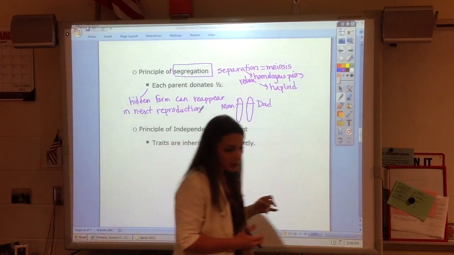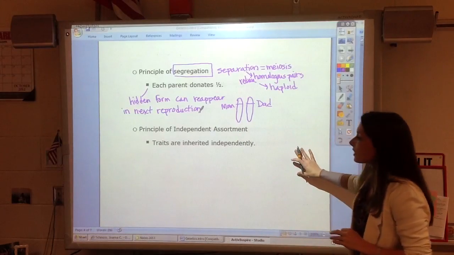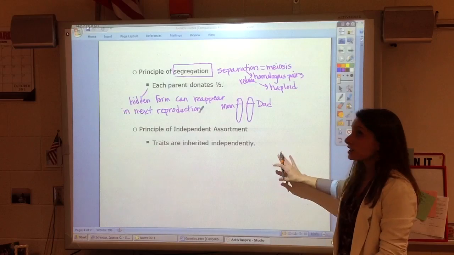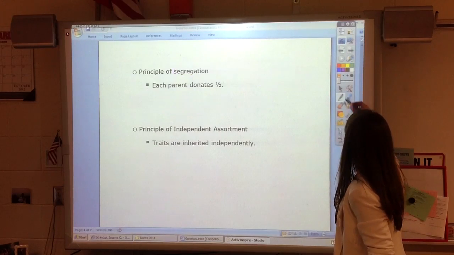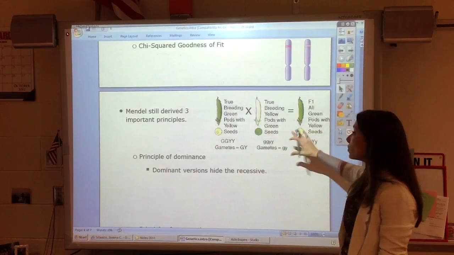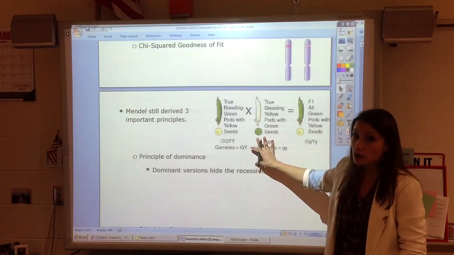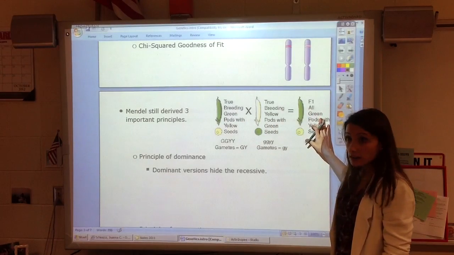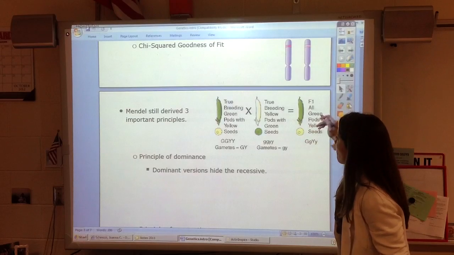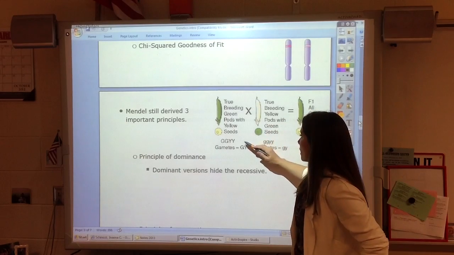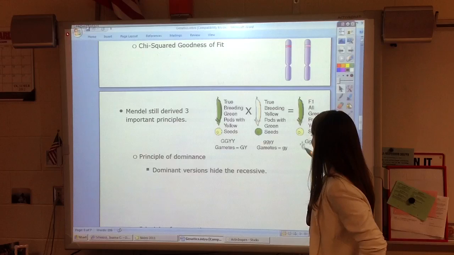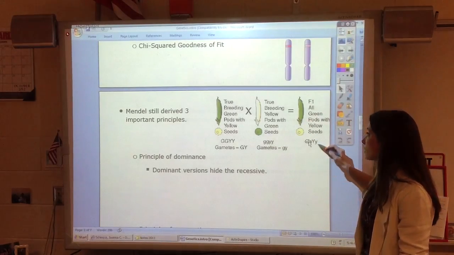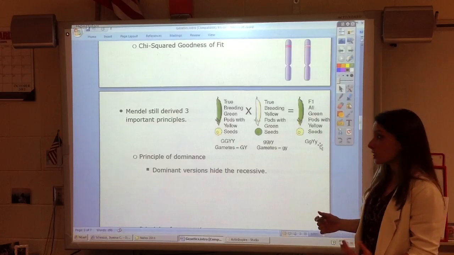The third principle that Mendel had is the principle of independent assortment, the fact that traits are inherited independently. So this diagram up here at the top of the notes is super important because it actually shows all three of Mendel's principles. Green times yellow, green, that's dominant. The idea of each parent donating half, looking at what we call the genotype, seeing that each parent actually did give part of its genes.